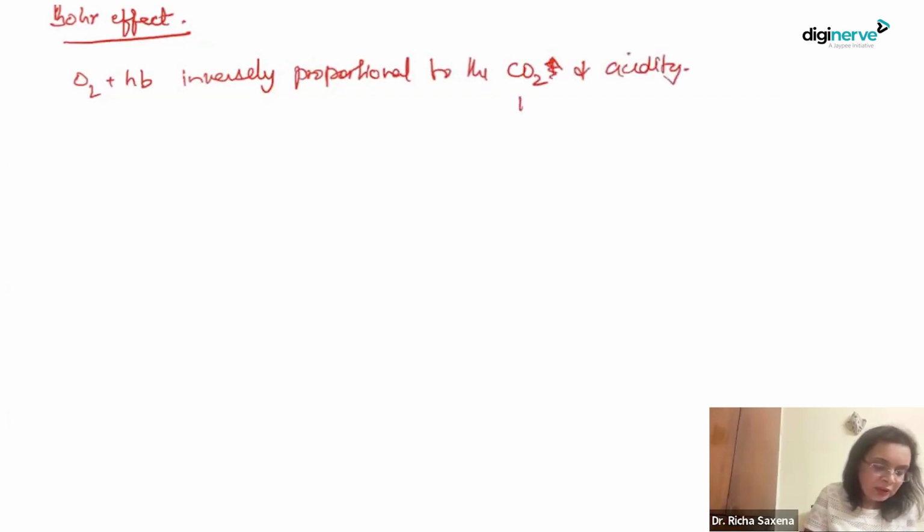So if the carbon dioxide increases or if acidity increases, in that case, the affinity of oxygen to combine with hemoglobin reduces. Okay. So if acidity increases means the H ions increase. So if H ions decrease, that means acidity reduces, or carbon dioxide, if it reduces, then the affinity of oxygen to combine with hemoglobin increases.